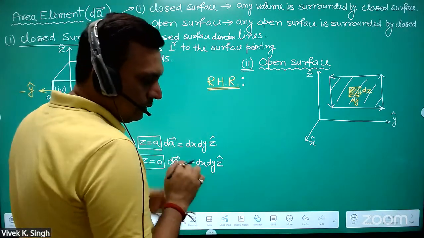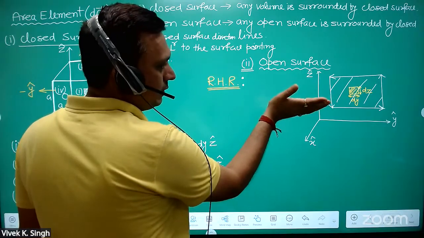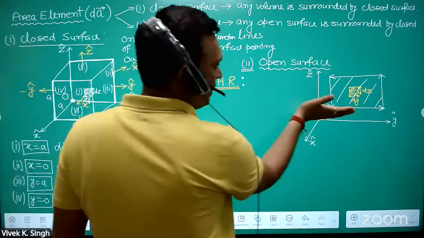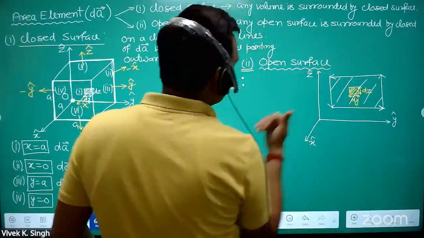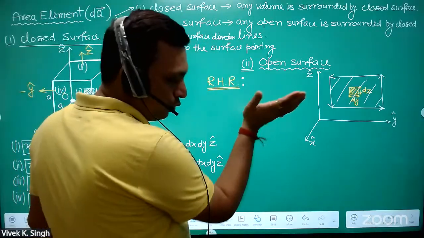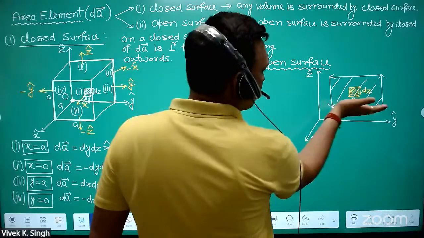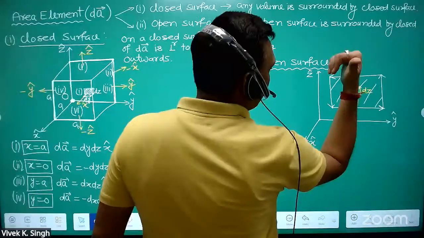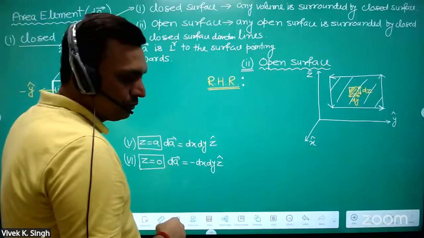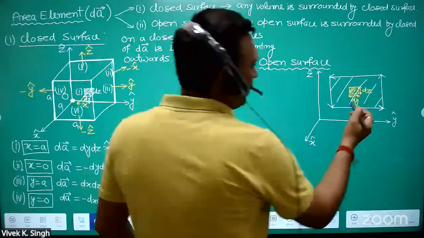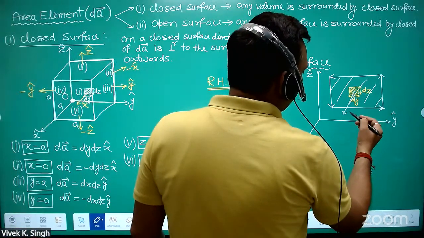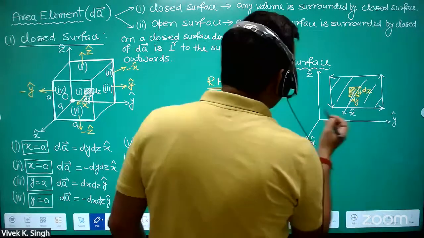So again, use your right hand and move your fingers in the direction of the closed line. Then the thumb will give you the direction of dA. So in this case, the direction of dA will be x cap. Okay?